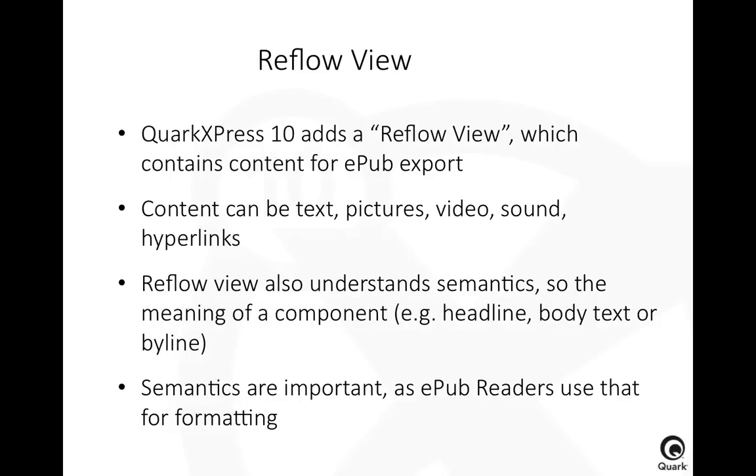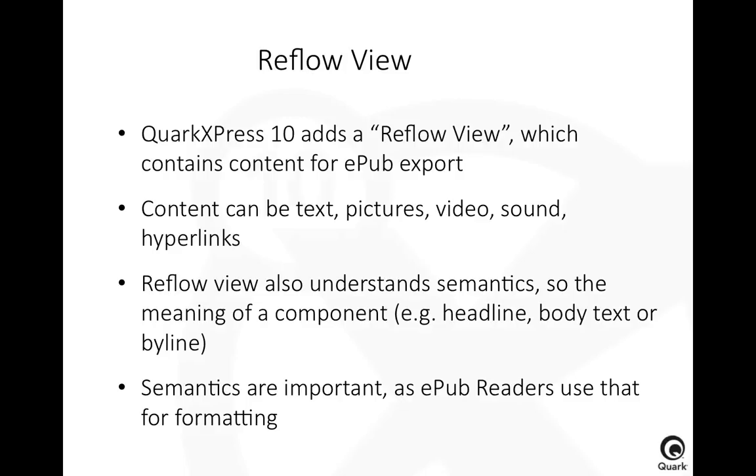The second thing that is important about reflow is you need to tell QuarkXPress or the ePub when you export it what it actually is. So you need to put semantics in there, the meaning of components. When you look at a typical book, as a human, font size is always a very good clue whether something is a headline or body text or maybe the byline or whatever.